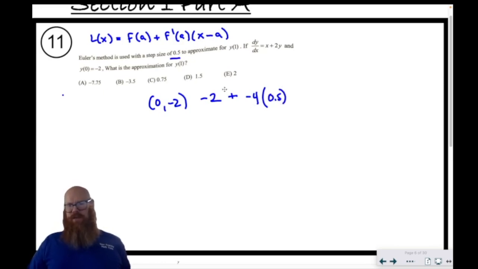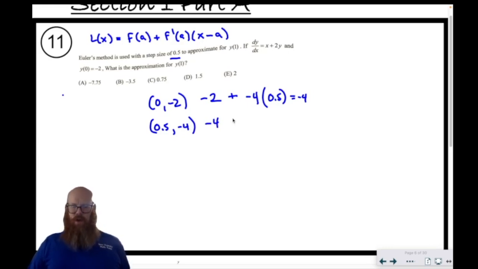So this is going to give me -2 plus -4 times 0.5, and -4 times 0.5 is -2, and -2 plus -2 is -4. So that means the next point that I'm at, my x stepped by 0.5, and then I'm at -4, and I'm going to just repeat. So now I'm at -4.